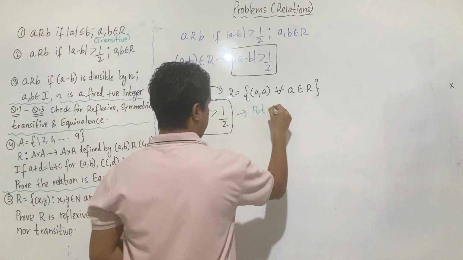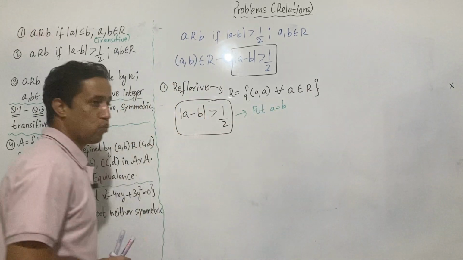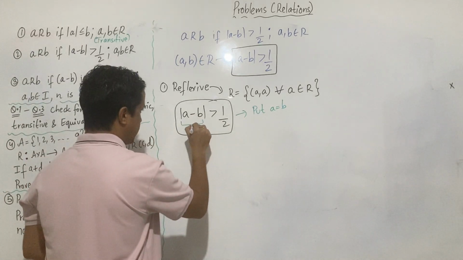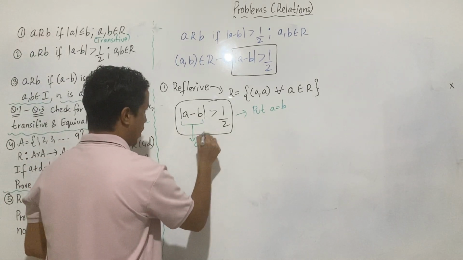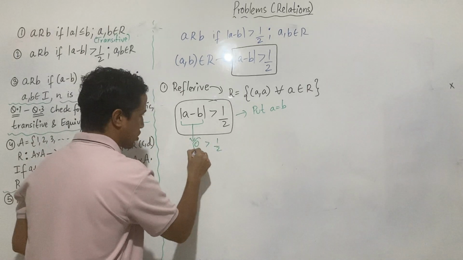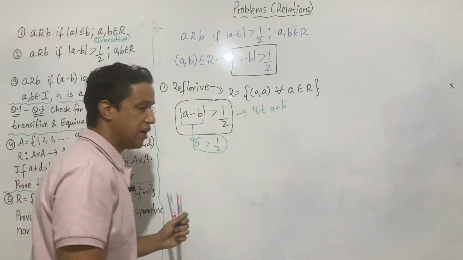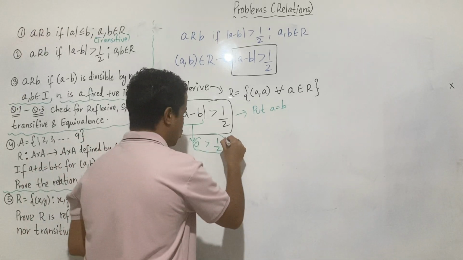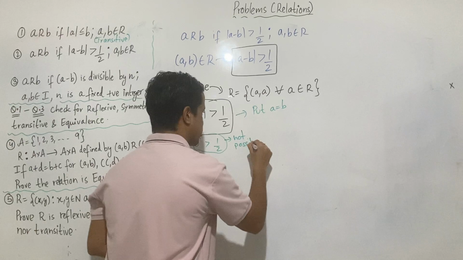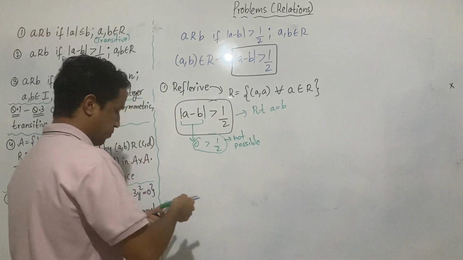If you put A equal to B, then what would happen? The left side would be 0, and the right side is 1 by 2, which is not correct. Why would 0 be greater than 1 by 2? That is not possible. So what does it mean?